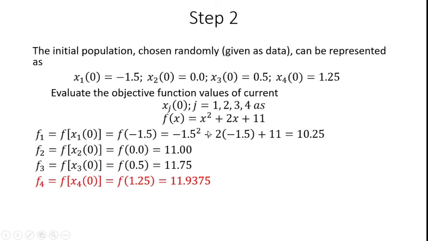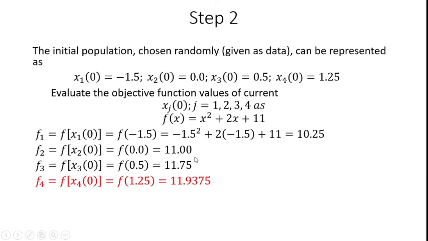Substituting x3, I get 11.75, and similarly for x4, finally I get 11.9375. I compare those values: 10.25, 11, 11.75, 11.9375. Our objective, as per the problem, is that the objective function should be maximized.